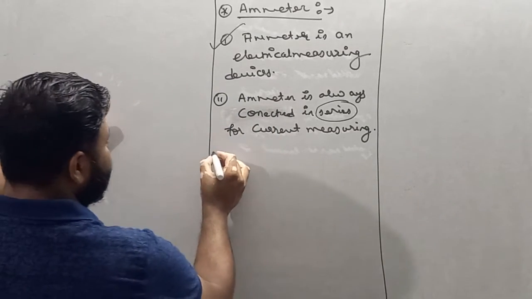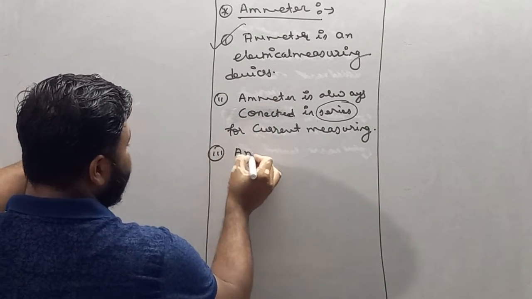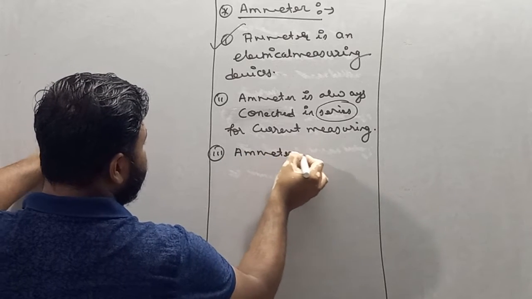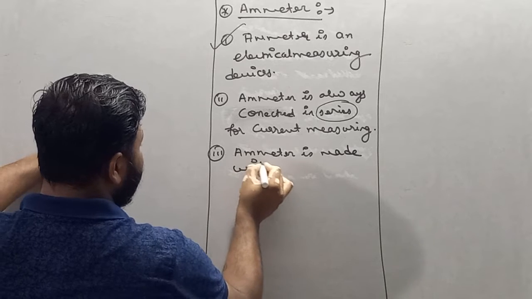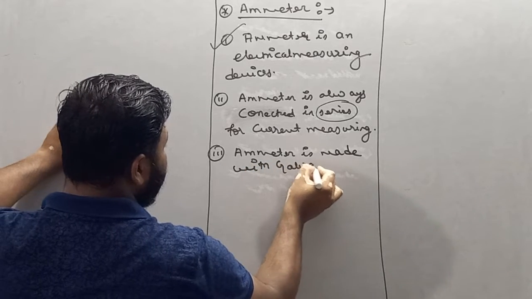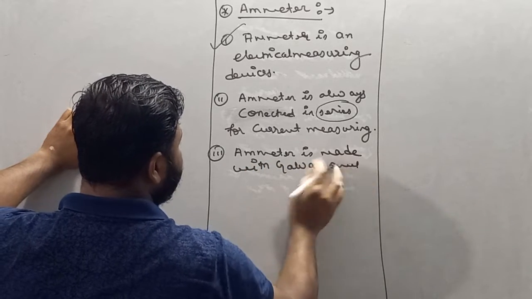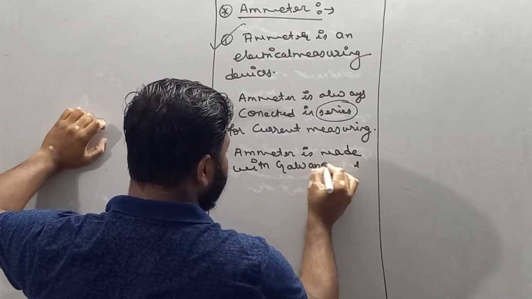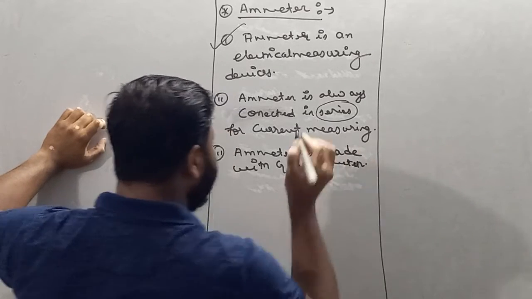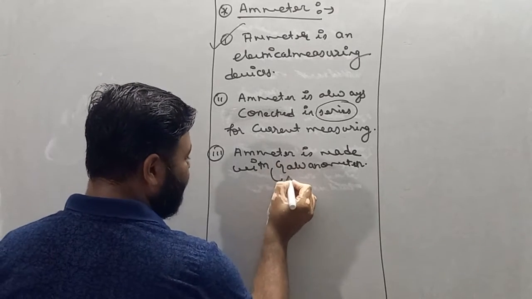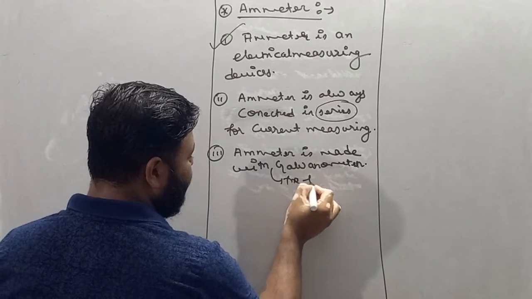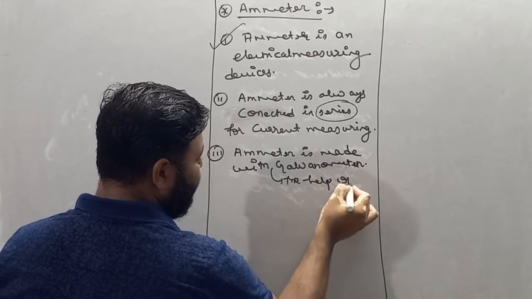Third point, which is very interesting point, my dear student, ammeter is made with galvanometer, with the help of galvanometer.